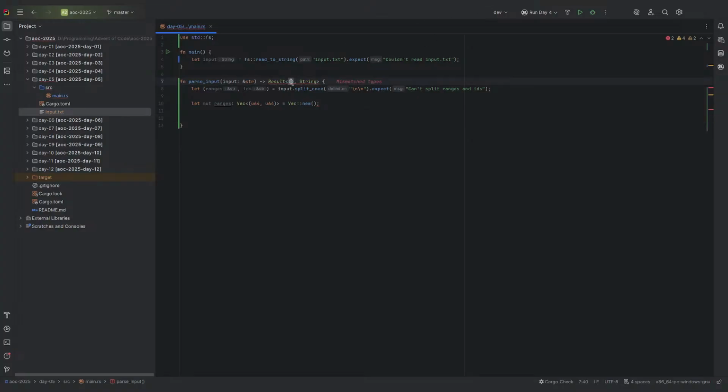I think the result will look like a box slice of u64 pairs and just a slice of IDs, which can also be u64s.